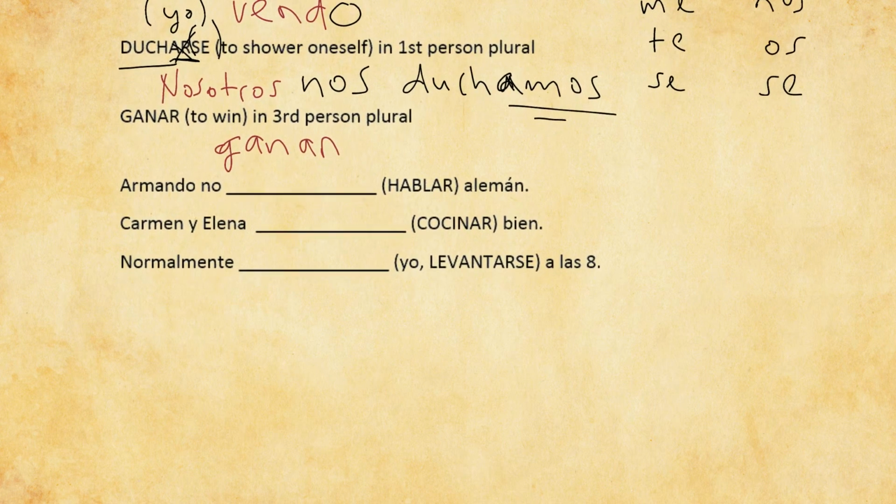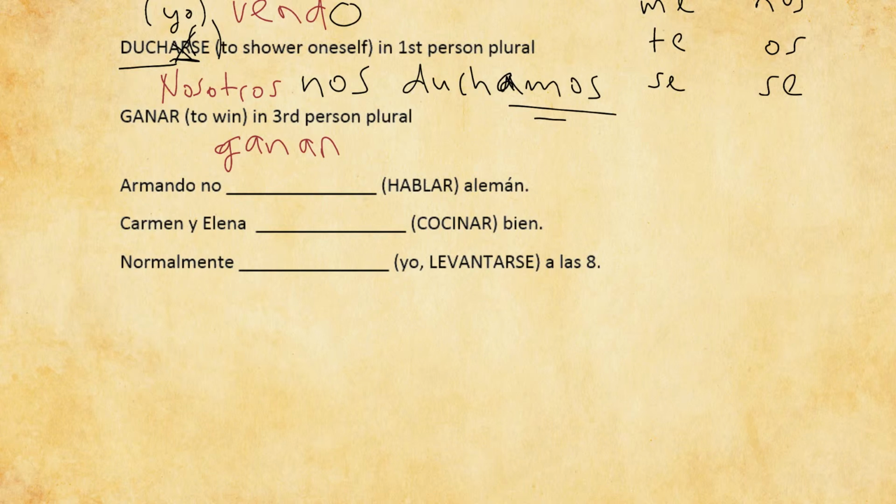And let's go ahead and take a look at the last three ones, which actually show full sentences, and they either have only the verb in the brackets and the person can be inferred from the remaining part of the sentence, or the last one, the person cannot be guessed correctly from the remaining parts of the sentence, so it is included in the brackets. So the first one is Armando no hablar alemán. So we're supposed to put the word hablar, which means to talk, into the correct form based upon this person.